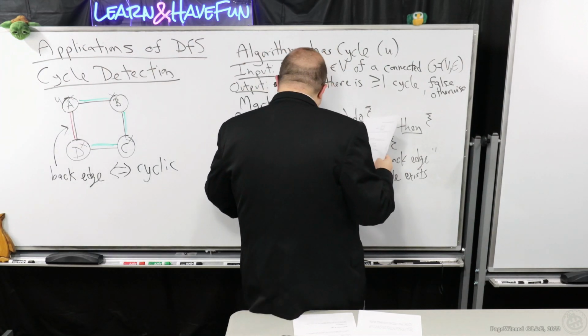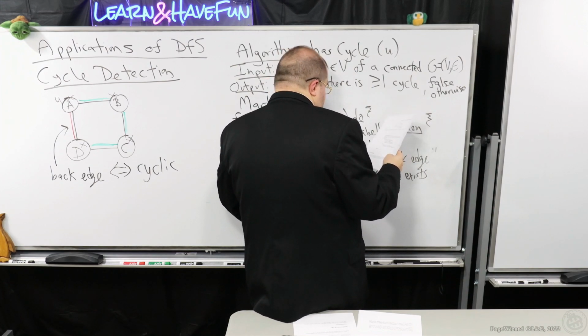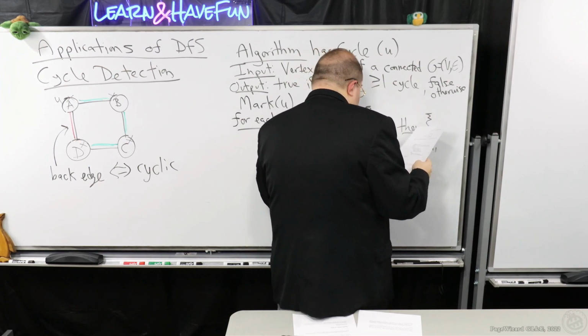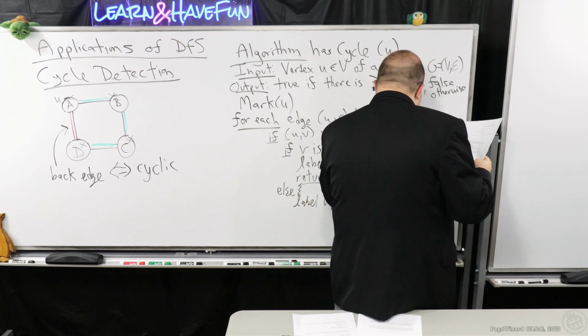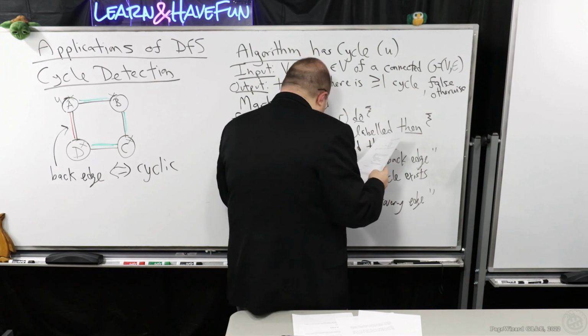Otherwise, we're going to continue our search. Otherwise, we're going to label UV as a discovery edge or forward edge.